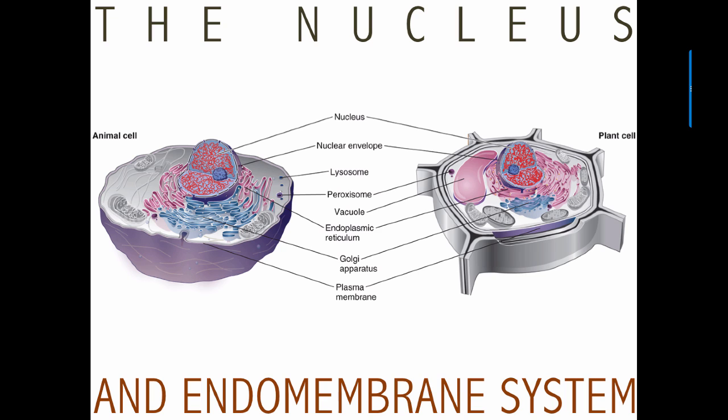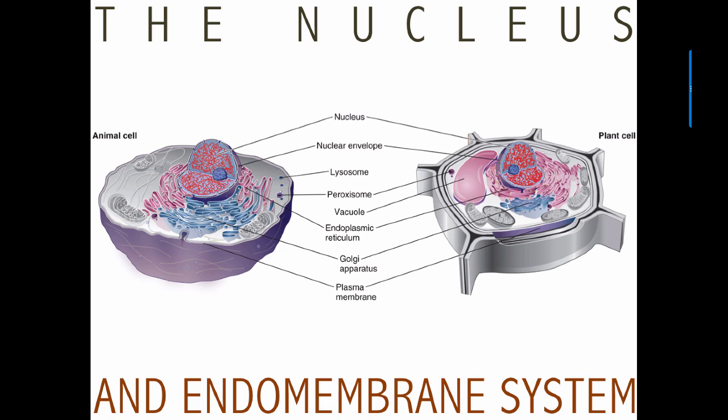Okay, now let's move on to the more middle-ish part of the cell, I guess. I'll talk about the nucleus and then the endomembrane system. So the plasma membrane is on the outside of the cell, and the endomembrane system is on the inside of the cell. Endo means inside. So this is a membrane system that you find inside cells, and it functions with, but is independent of, the plasma membrane.